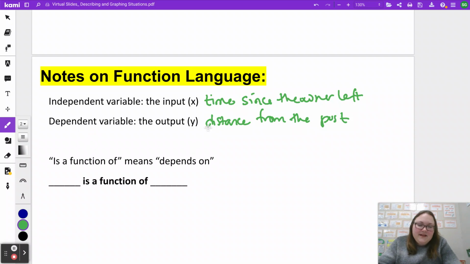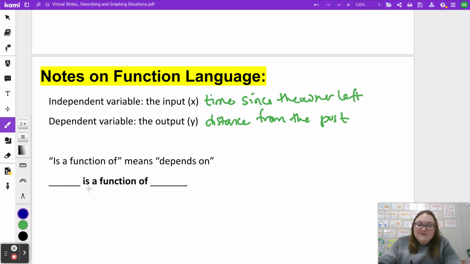The phrase you are going to hear, I promise, in every single lesson, and the phrase we have to understand to be able to do these problems, is this phrase "is a function of." And when I hear "is a function of," I think of the words "depends on." Like I said, if you've already learned independent and dependent variables, we used that phrase "depends on" to help us identify the dependent variable.